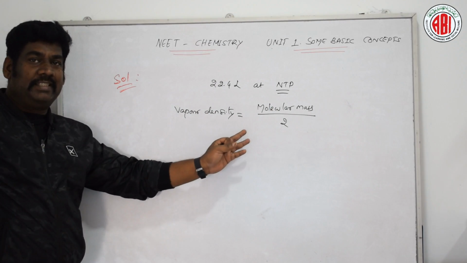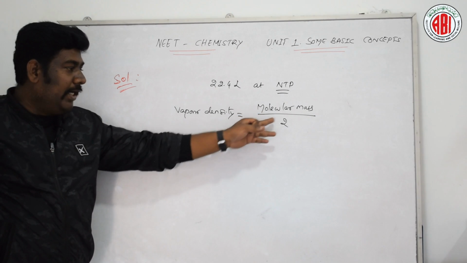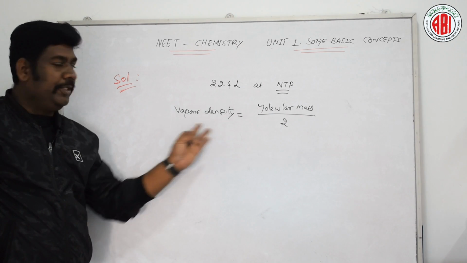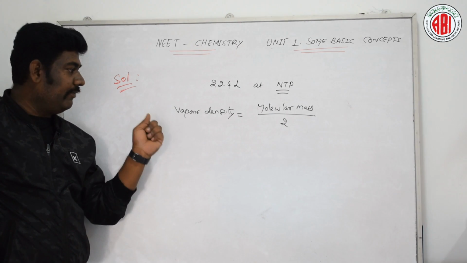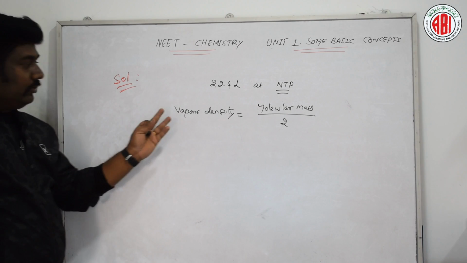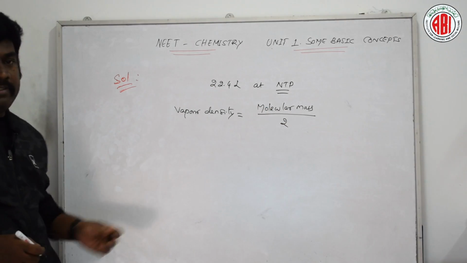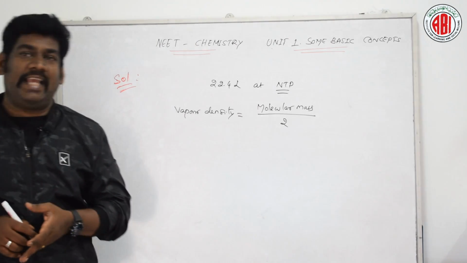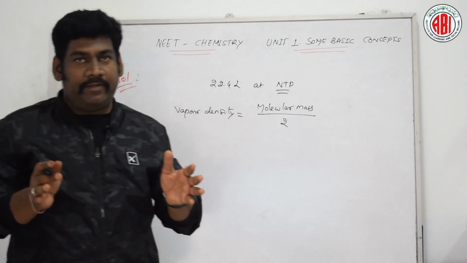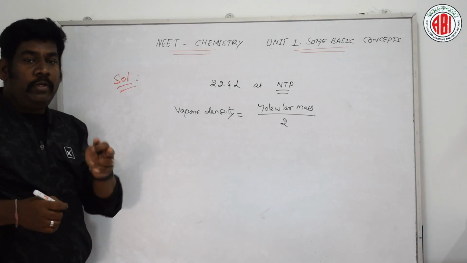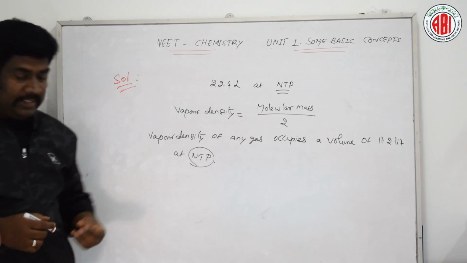In the previous problem we already did molecular mass, which is equal to 2 into vapor density. Now we are finding vapor density, so vapor density is equal to molecular mass by 2. Applying the values, the vapor density of any gas occupying a volume of 11.2 liters. So in this way you can solve this problem.